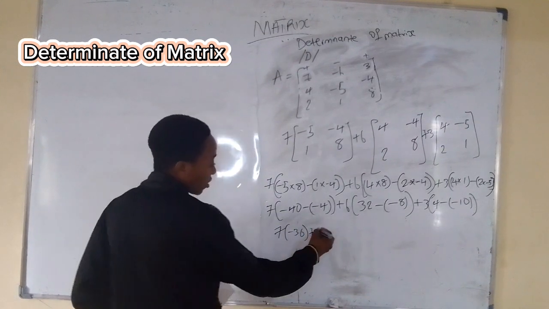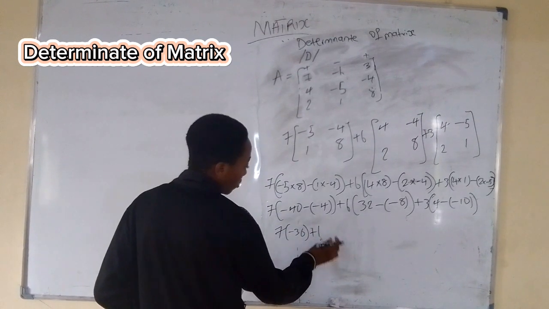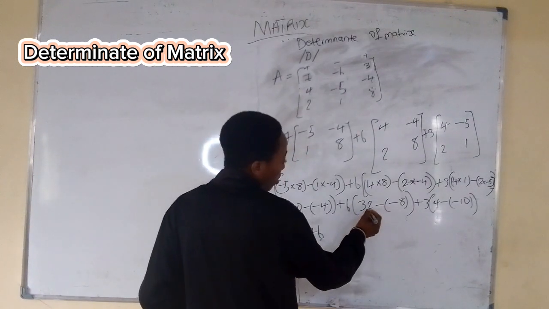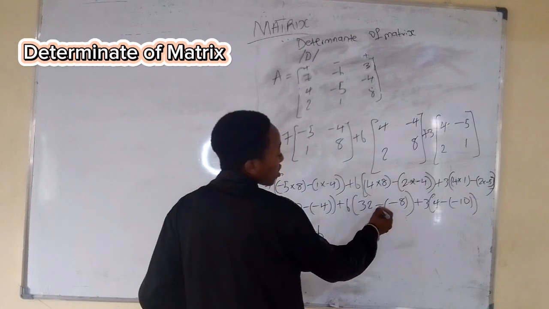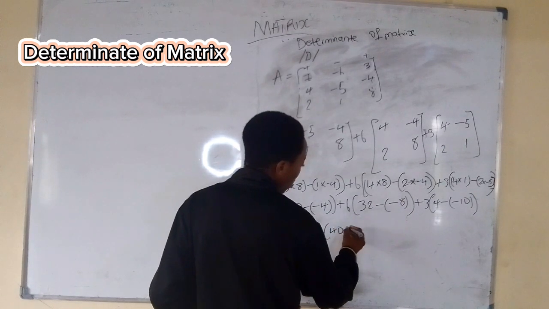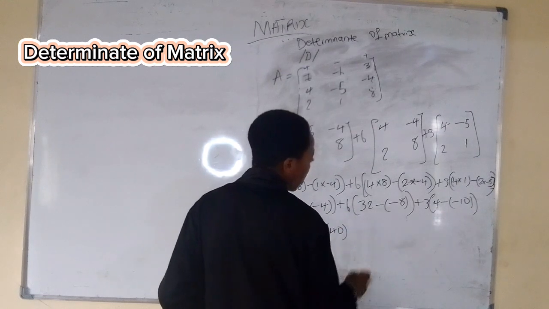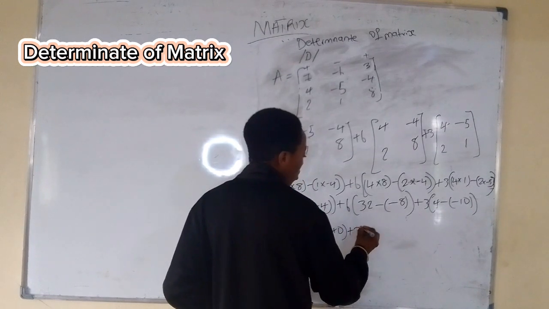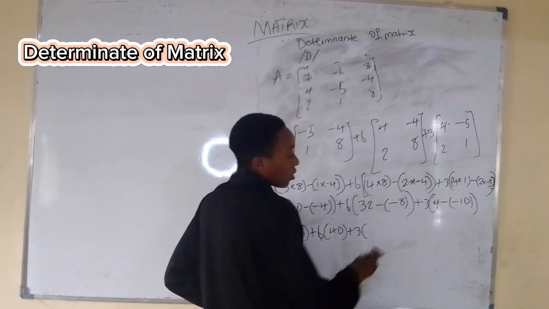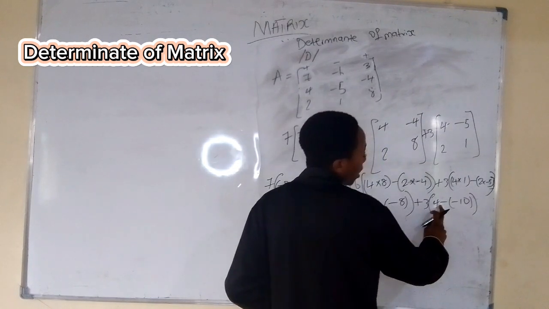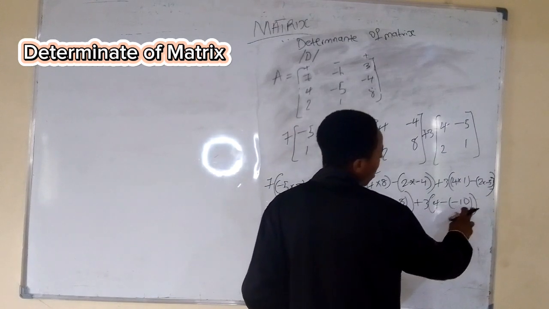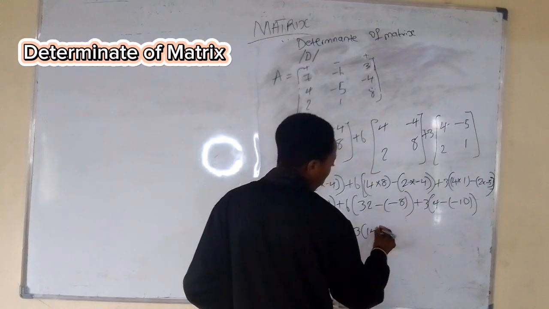Plus 6, 32 minus times plus is plus, so 32 plus 8 will give us 40. Then 4 minus 10, minus and minus is plus, so 4 plus 10 gives us 14.